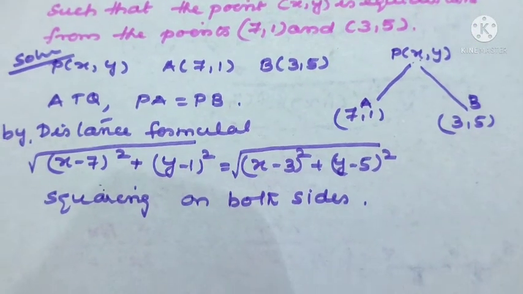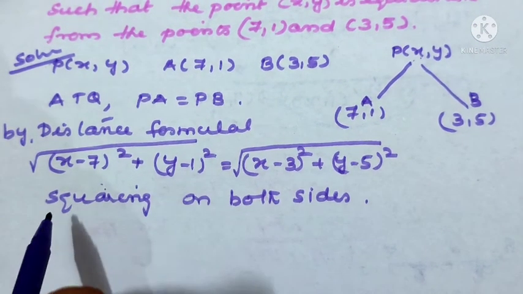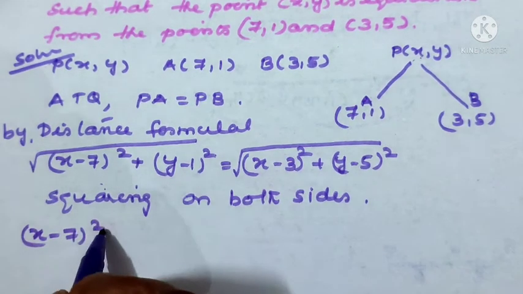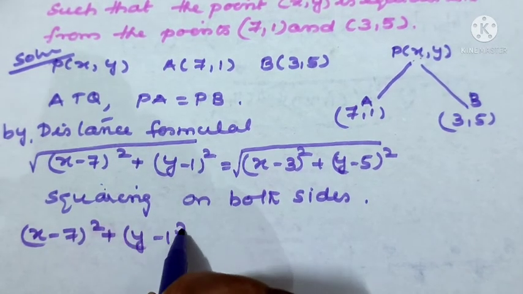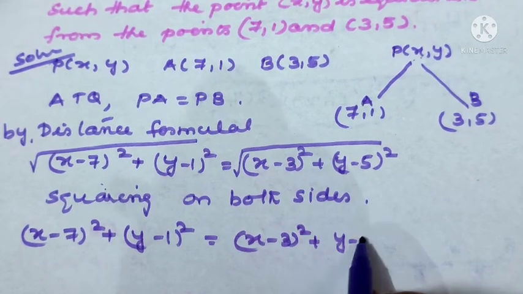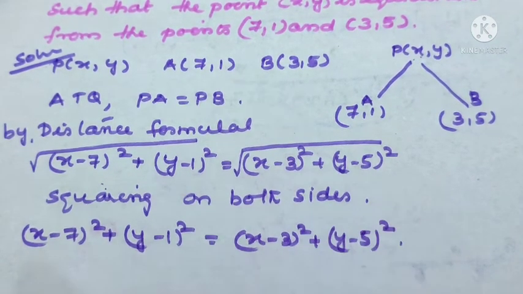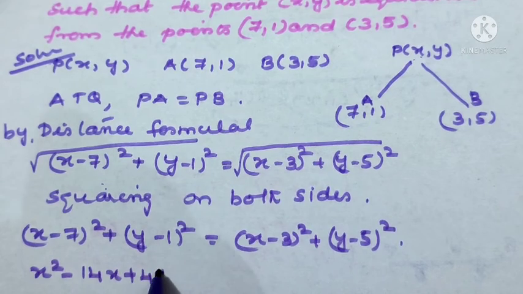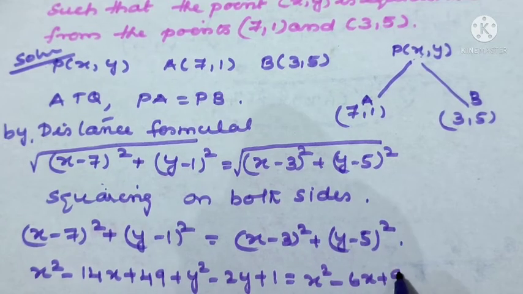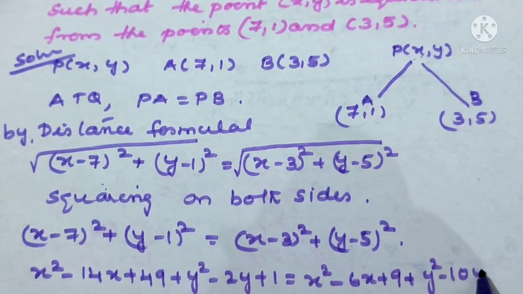Now it is in the root, so we are doing squaring on both the sides. After squaring on both the sides, x minus 7 whole square plus y minus 1 whole square, we can remove the root only, equal to x minus 3 whole square plus y minus 5 whole square. Next, expand the bracket: x square minus 14x plus 49 plus y square minus 2y plus 1, equal to x square minus 6x plus 9 plus y square minus 10y plus 25.